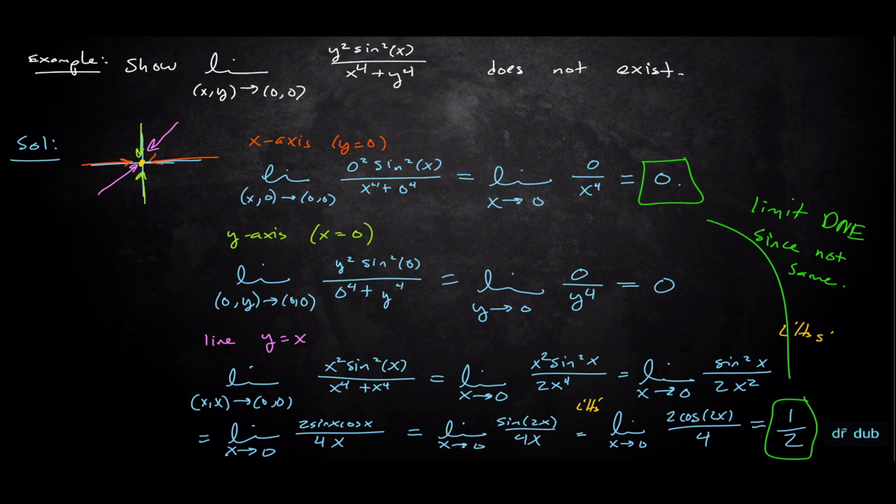How do you show that a limit does exist? Well, you try the definition. That's hard, not super fun. You might try something else like the squeeze theorem. There is a multivariable squeeze theorem.